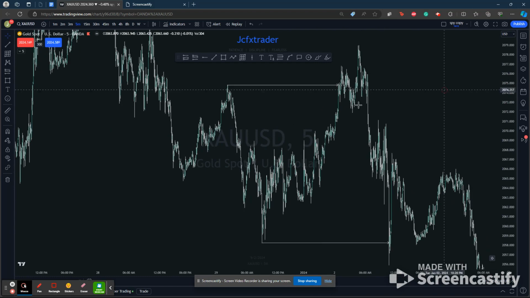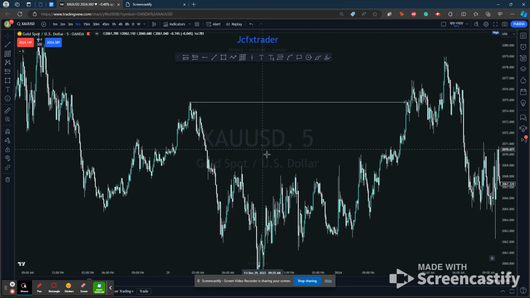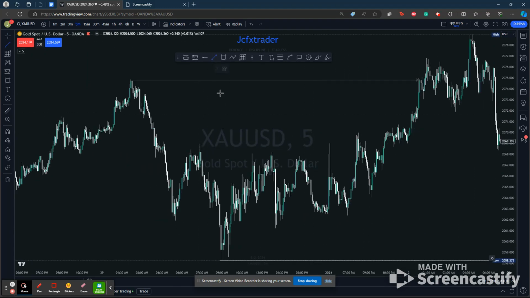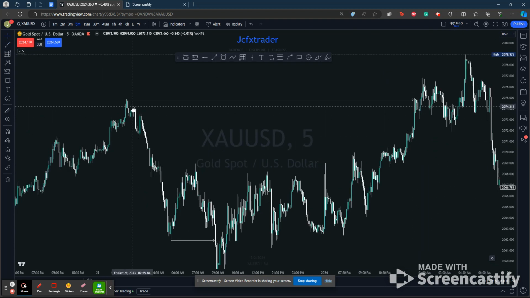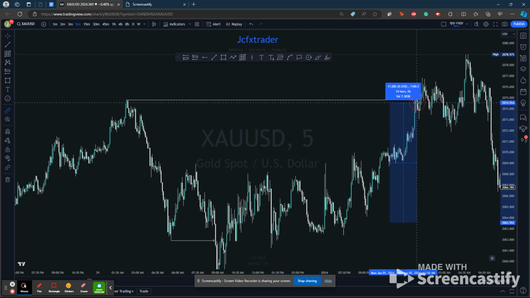So let's take a look. All of these are what we call internal liquidities, because they're inside of a bigger range. These would be our internals, these would be internal, internal, internal, internal. And then these would be our buy side internals. See how normally these internal liquidities get ran through?